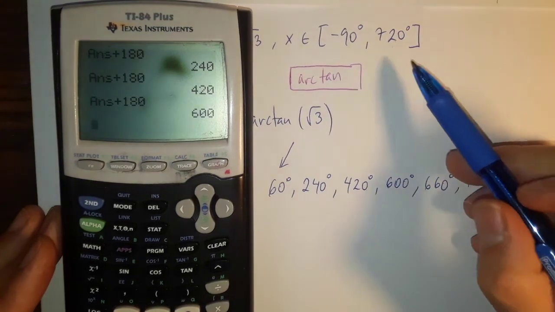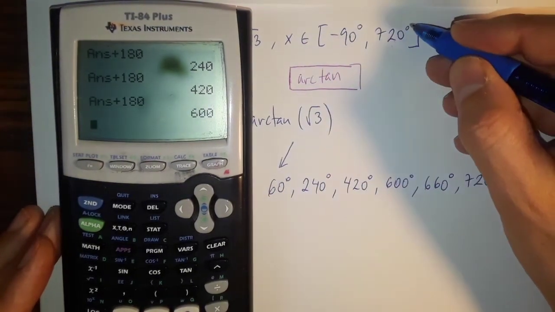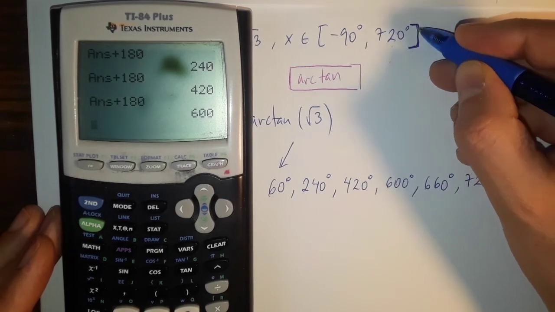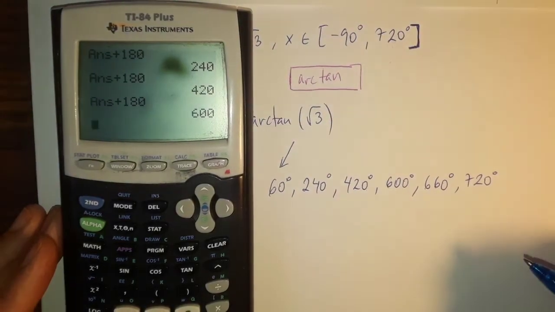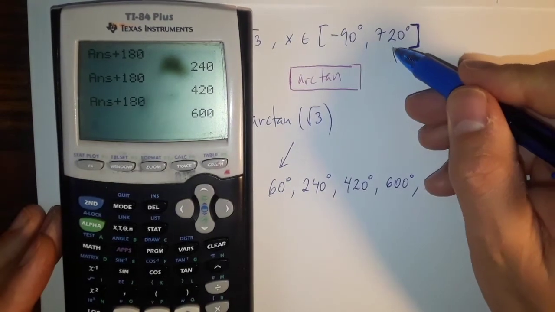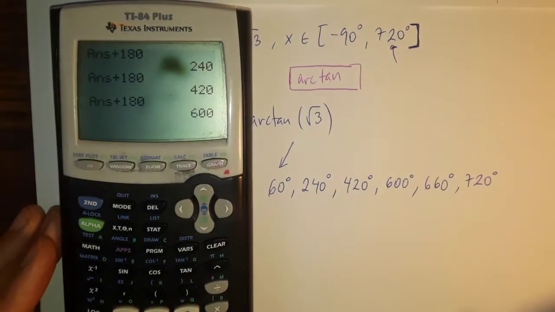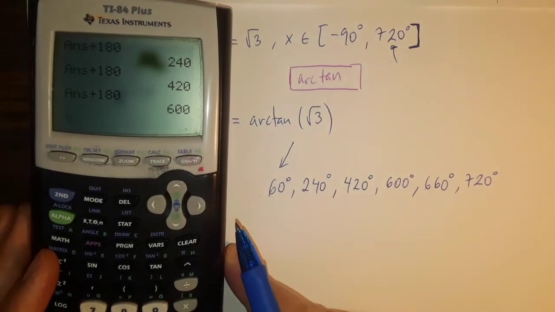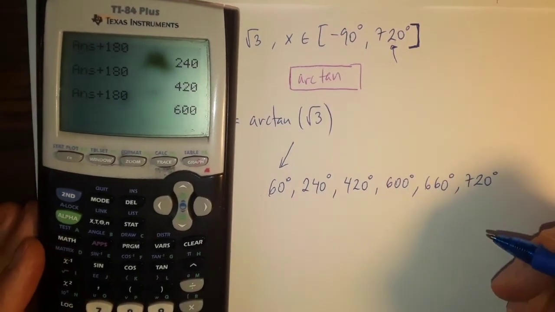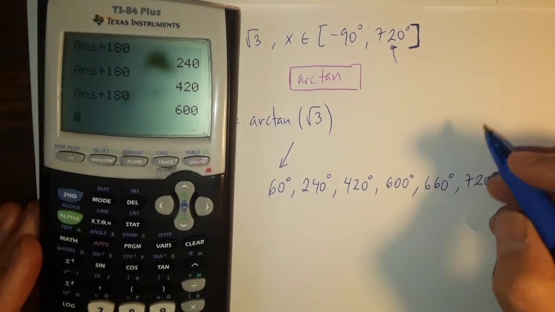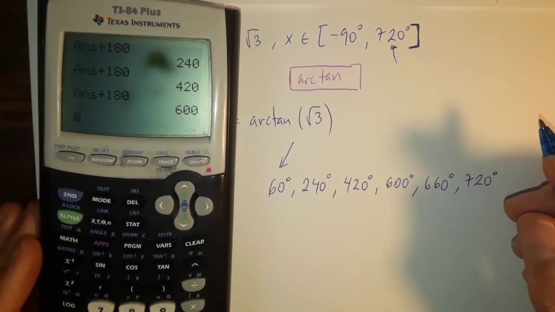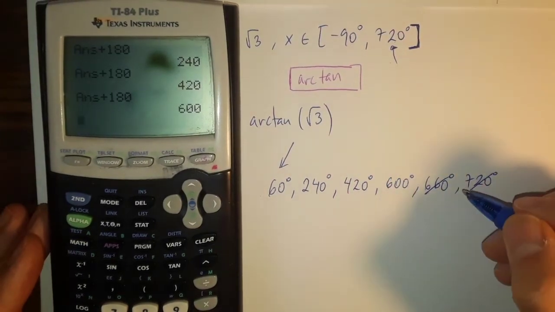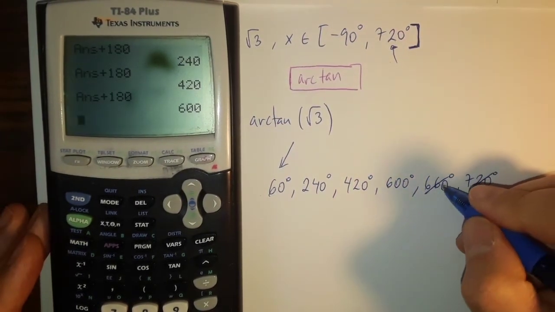And 720 is still included, because what this bracket means, square brackets, is that this endpoint is also included in the domain. I'm sorry, I made a mistake here. I added 60, when I should add 180. So that's going to be 780, which is not included.